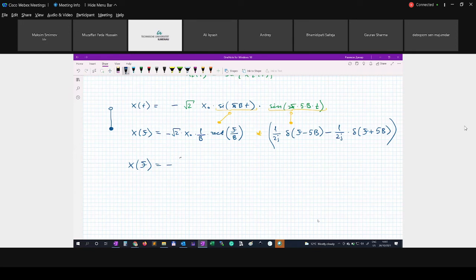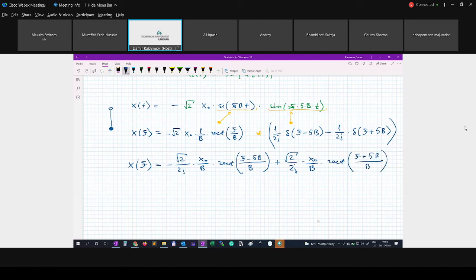So we have square root of 2 divided by 2j times x0 divided by capital B, times a rectangular pulse at frequency f minus 5 capital B divided by capital B, and plus square root of 2 divided by 2, x0 divided by B times a rectangular pulse f plus 5 capital B divided by capital B.